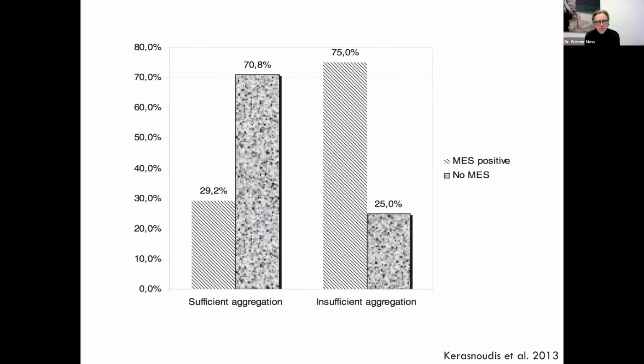Then the platelet function was evaluated, and you had either sufficient or insufficient aggregation, and that correlated very well with the occurrence of microembolic signals. If you had insufficient aggregation, the likelihood of having microembolic signals was very high. So again, this is an indicator that you can use microembolic signal detection for measuring whether or not your antiplatelet medication is working.